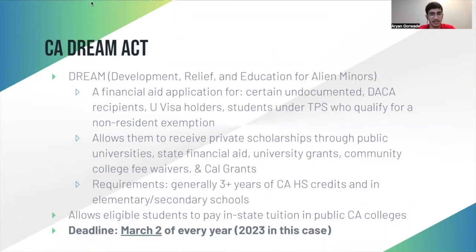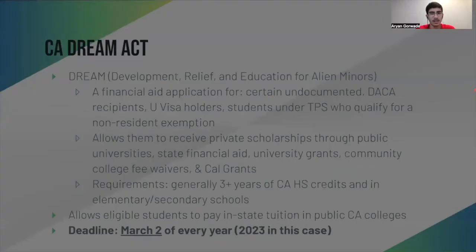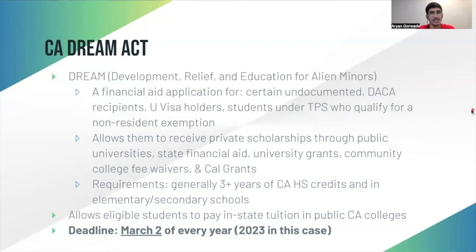In addition, the California DREAM Act allows eligible students to pay in-state tuition at any public college in California. So this is mainly for non-citizens and non-permanent residents. And the deadline is March 2nd of every year. This is because usually a lot of non-citizens can't receive federal financial aid.